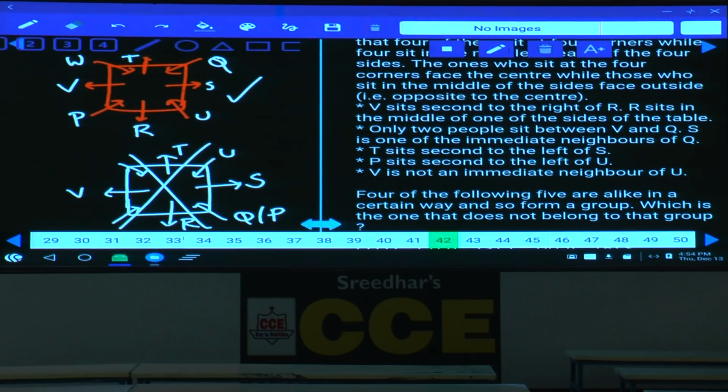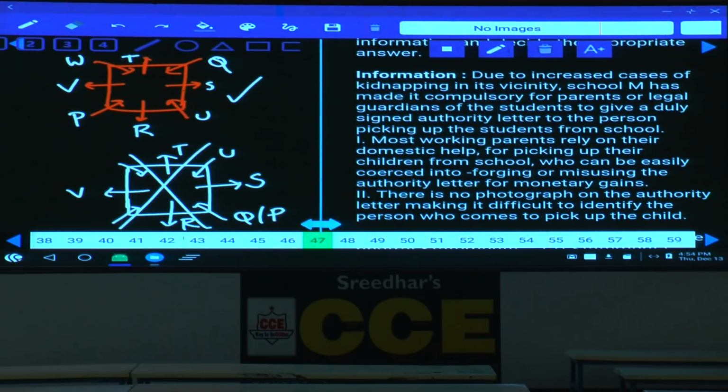Then question number 47. Now in question number 47, this is again based on critical reasoning. Information is given. What is the information here?